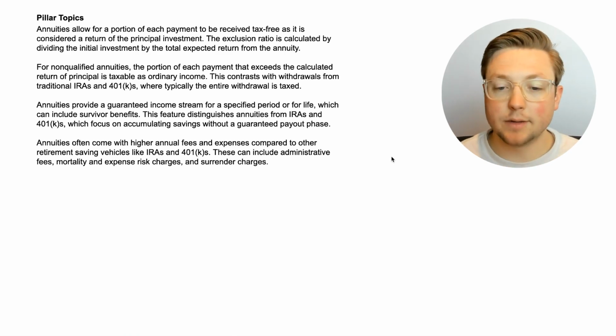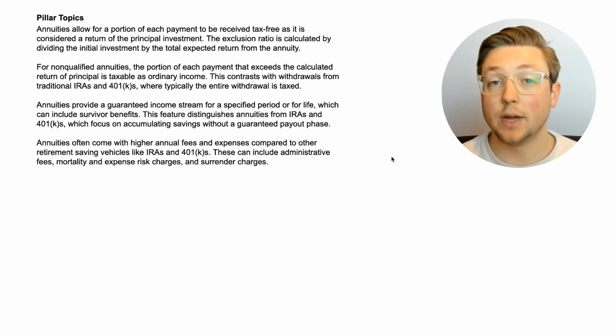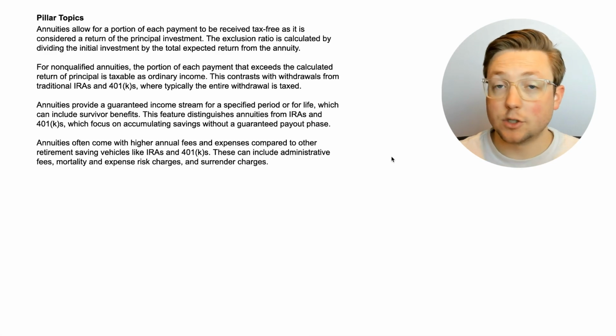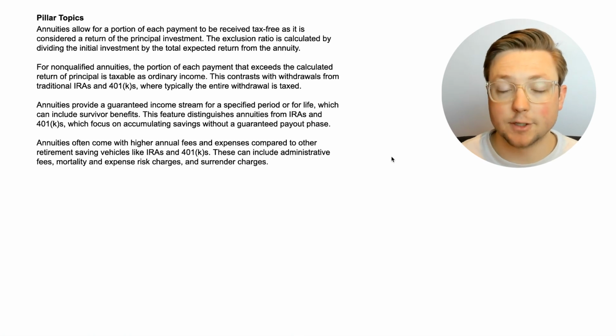We didn't really go over this in the video, but I wanted to throw it in there so that you know this is a disadvantage of an annuity compared to other retirement vehicles. This can include administrative fees, mortality and expense risk charges, and surrender charges. So again, as you're watching this small group of videos about retirement accounts, remember that annuities can have higher fees, which is a disadvantage.